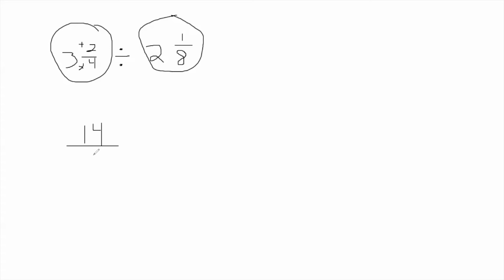So the first thing that we have to do is convert these into regular fractions. You multiply 3 times 4 and then plus 2 up here. So 3 times 4 is 12, plus 2 is 14. 14 over 4, because the bottom number stays on the bottom.